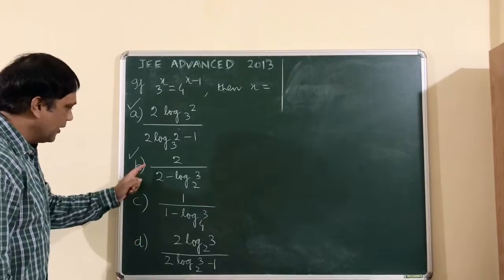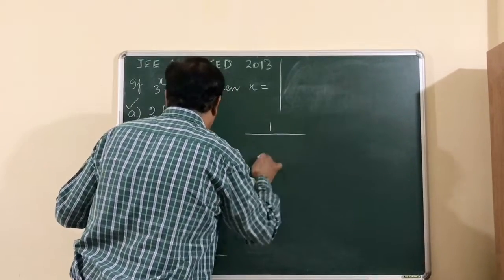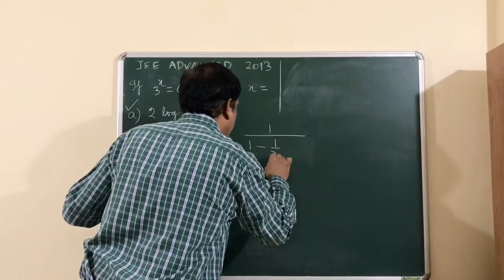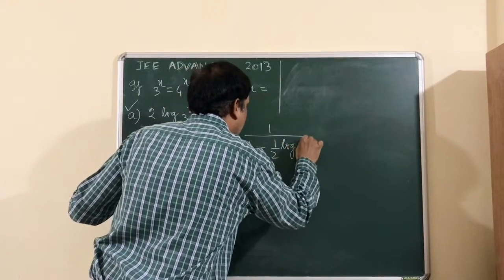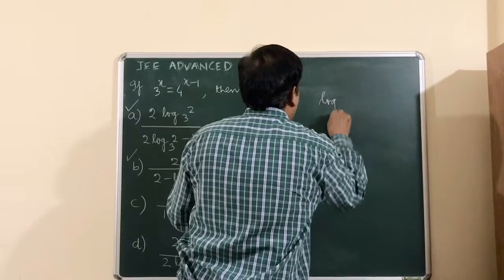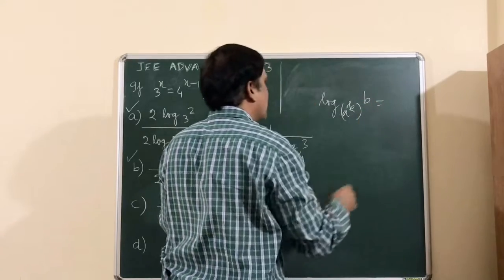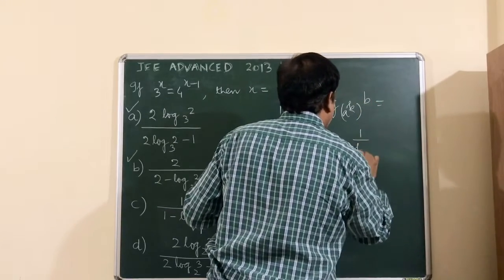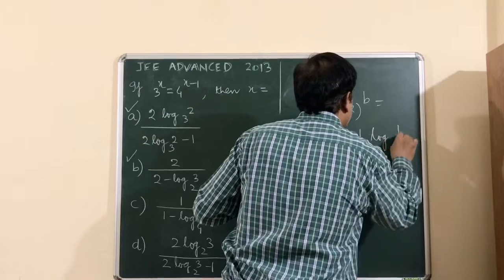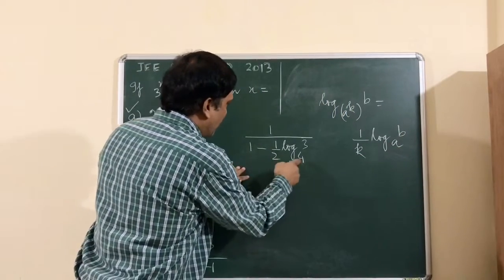If I divide the numerator and denominator by 2, you'll get 1 upon 1 minus half log 3 base 4. And if you remember the property that log of b base a raised to the power k can be written as 1 upon k log of b base a, the same property will be used over there and this half will go over there.